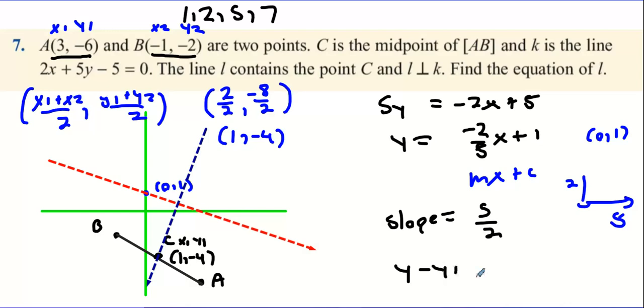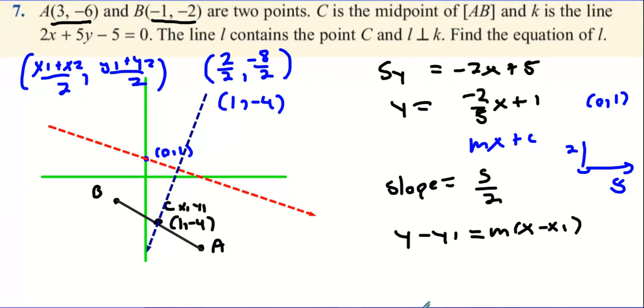So next we're going to use the equation of the line formula. And what we get here is y, and this is our x1, y1 for our midpoint, which is on the line. So it's going to be minus minus 4, which is plus 4. And then it's going to be 5 over 2 into x minus 1.